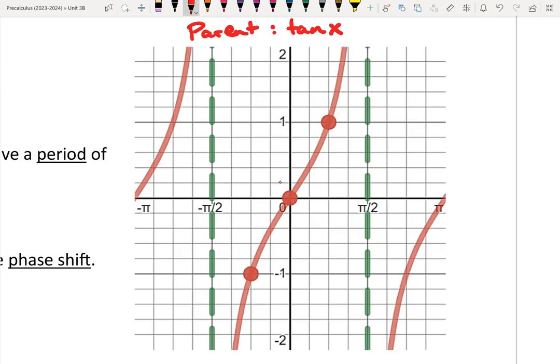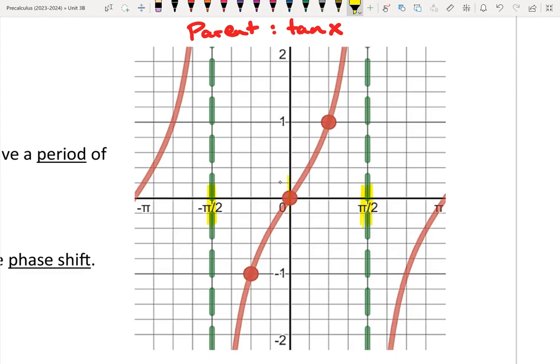We're going to be using these 3 because once we have a vertical asymptote location, and we can see this at negative pi over 2 and pi over 2, just like sine and cosine, we can cut that period, because this is our period of pi, into quarters.